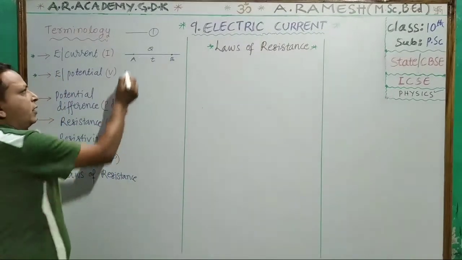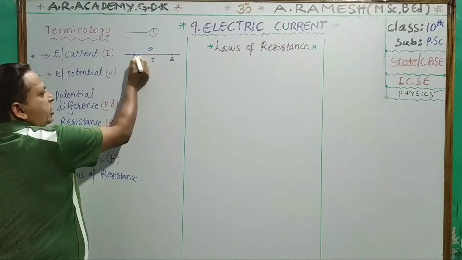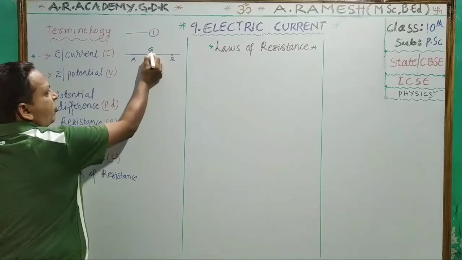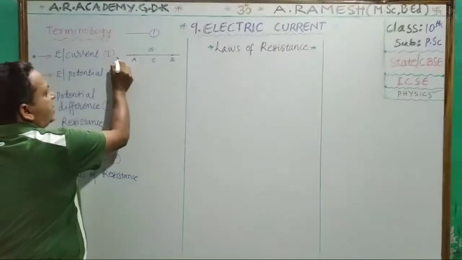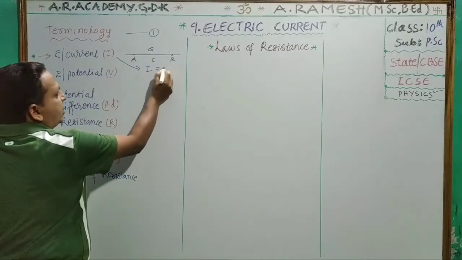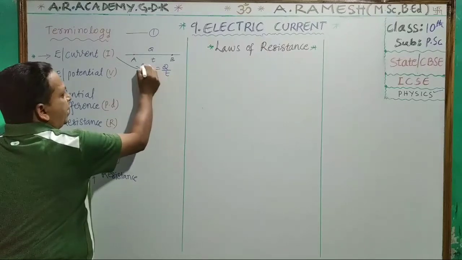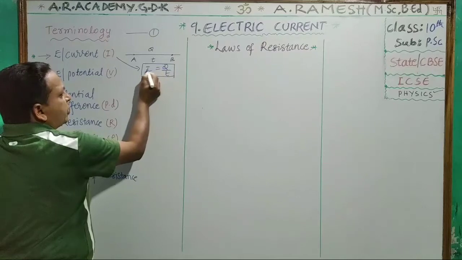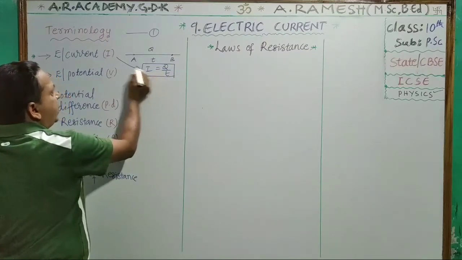Are you listening, children? Rate of flow of charge, that is I, is nothing but I equal to Q by T. Rate of flow of charge in a wire is called current.